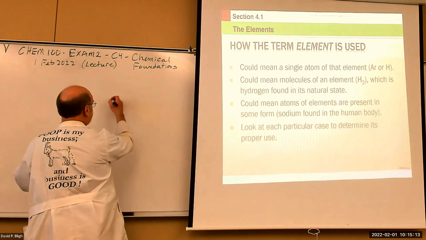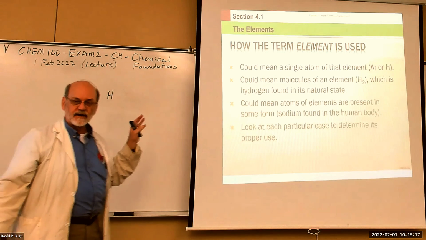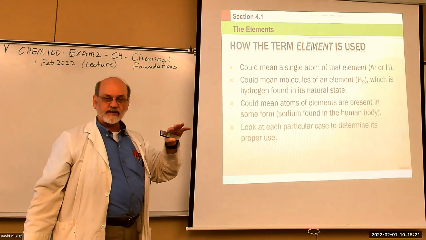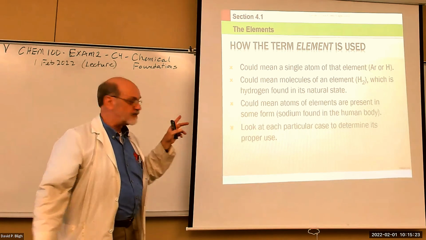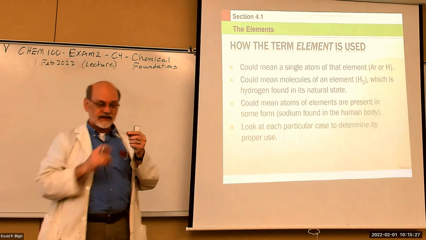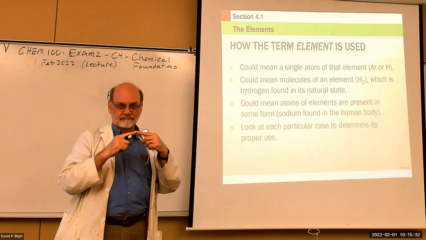So for instance, hydrogen, that is the symbol for hydrogen. But in nature, at room temperature and 1 atmosphere pressure, hydrogen will always be two atoms connected together. That's what we call diatomic elements.